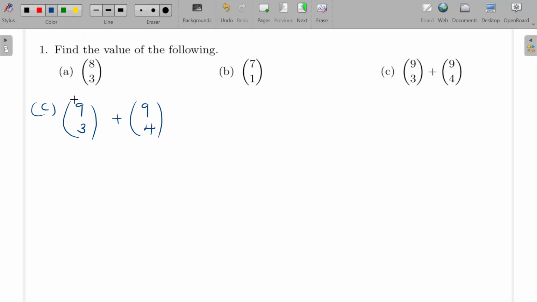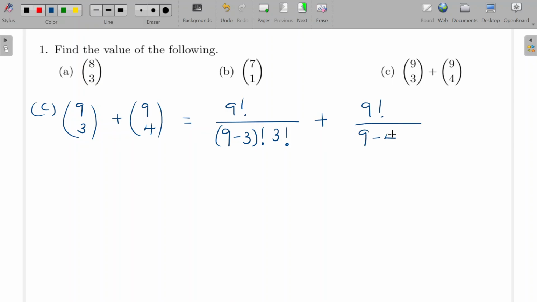So what you do is that you expand this one using the formula separately, then you add both. So this is equal to 9 factorial over 9 minus 3 factorial times 3 factorial, plus 9 factorial over 9 minus 4 factorial times 4 factorial.